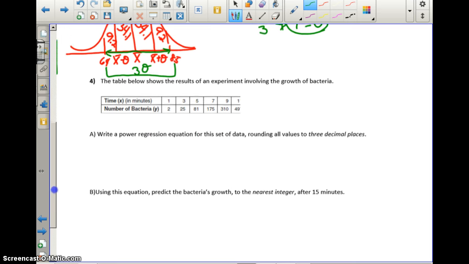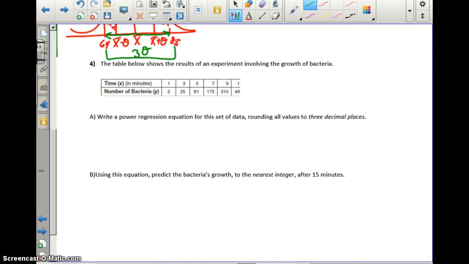Now number 4, I needed to put this into my calculator. So again, I'm not going to do the calculator for you. You need to hit second memory 4, clear out everything from list 1, and now you have to put this in on list 1 and list 2. So if you need to, pause the tape and get that in.